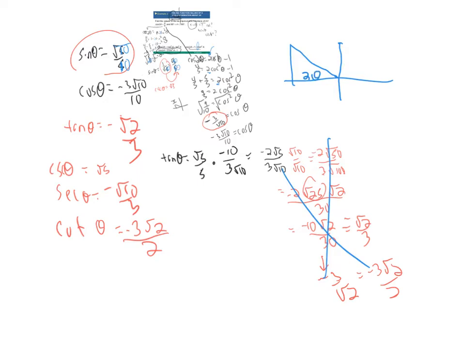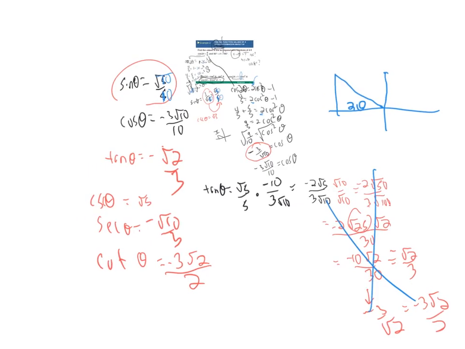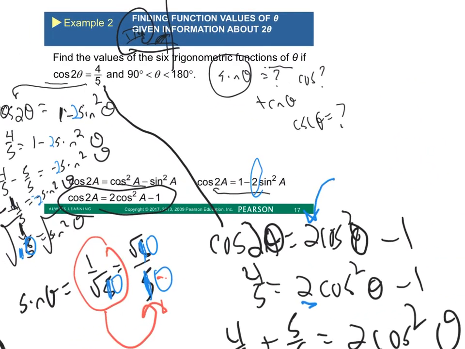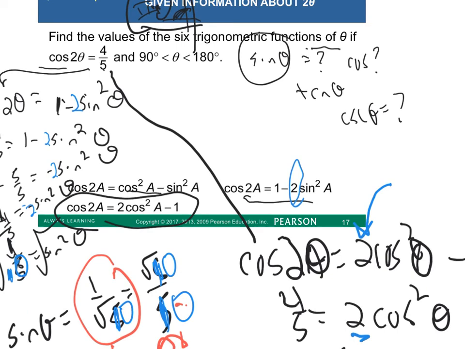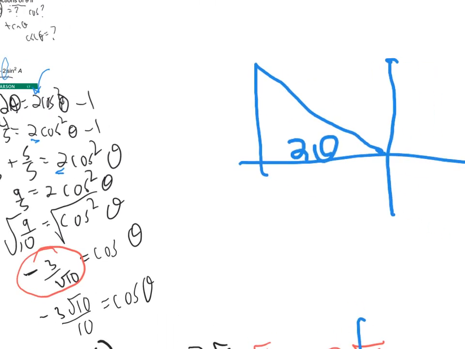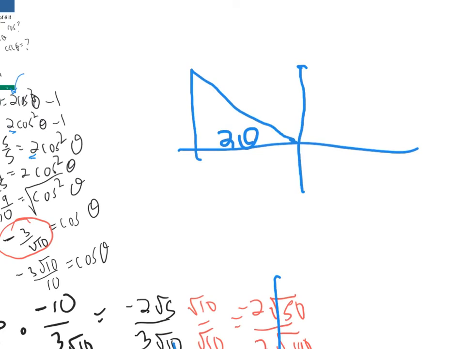So, interesting thing, when he said that we were in quadrant 2, this double angle was in quadrant 2. If you think about it, if you take half of that angle, you'll no longer be in quadrant 2.